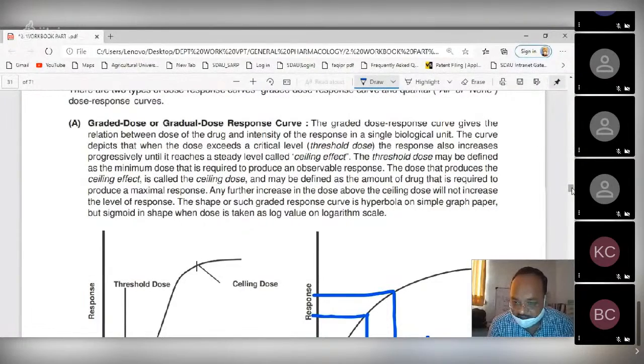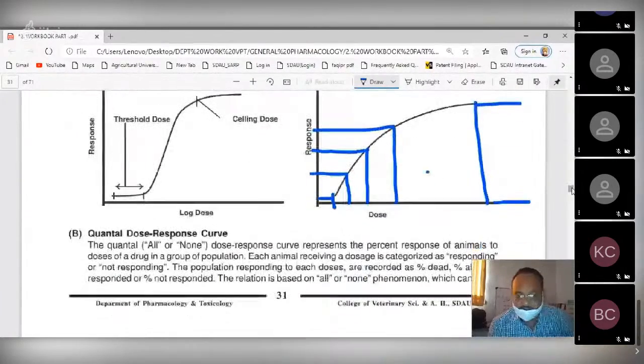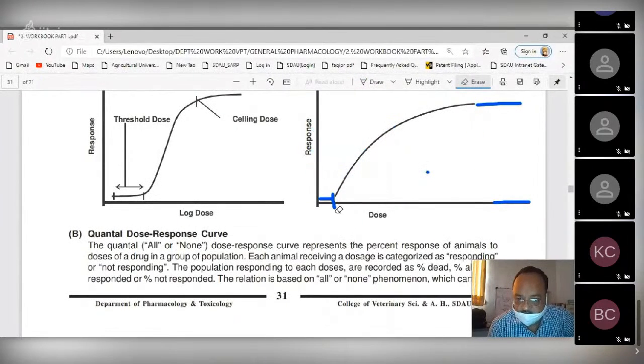Now, again, let me tell you, here there is a gap. Here you can see there is a gap.